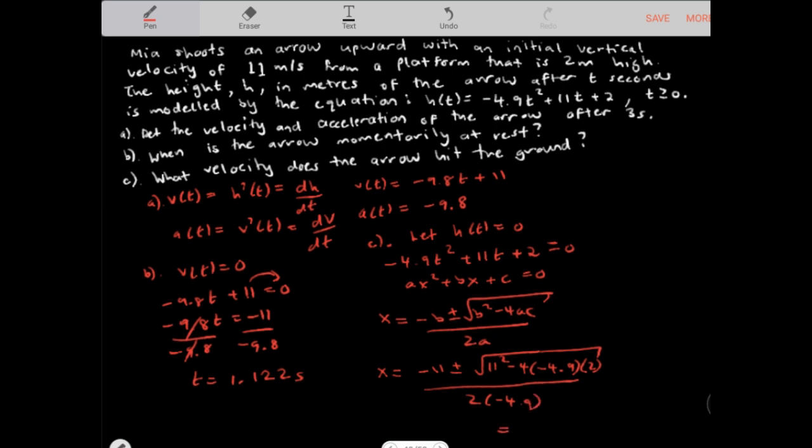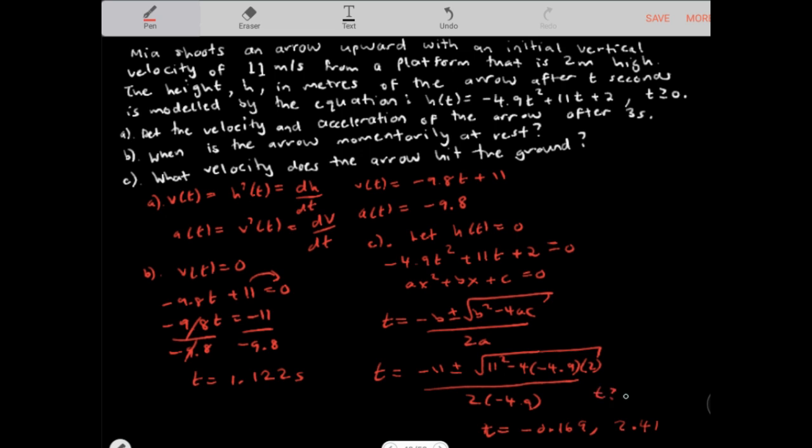If I crunch all this out, I get t equal to -0.169 and 2.41. I put x instead of t, but that's just the general template of the quadratic formula; in this case our independent variable is t instead of x, so it's really the same thing. So t is -0.169 seconds or 2.41 seconds.